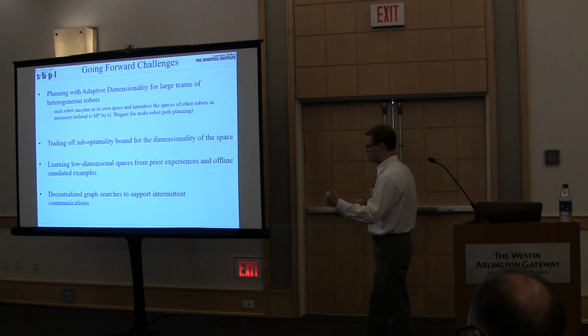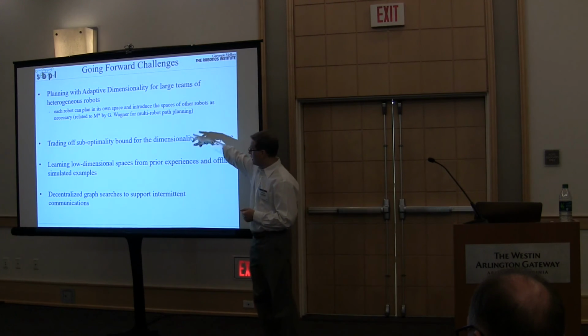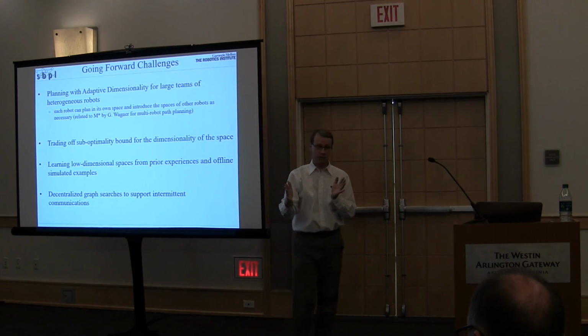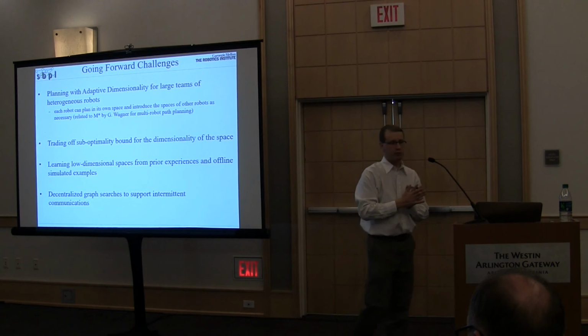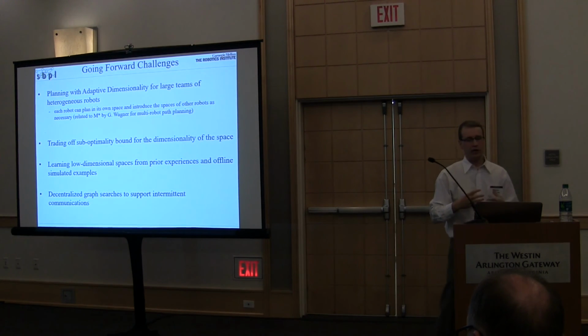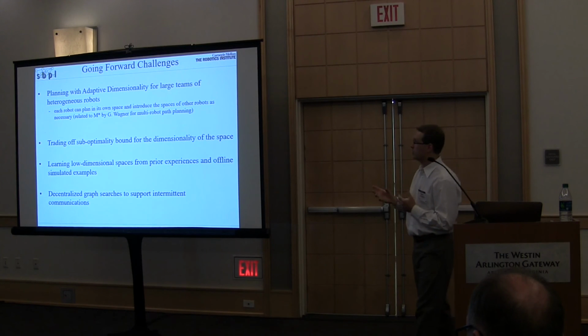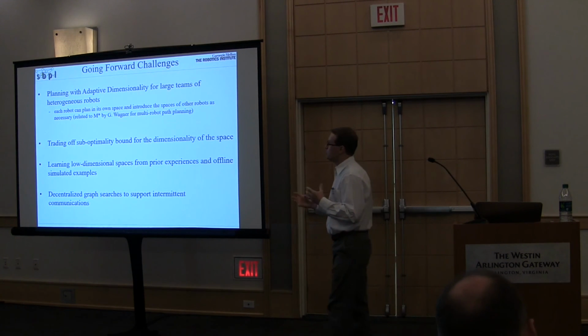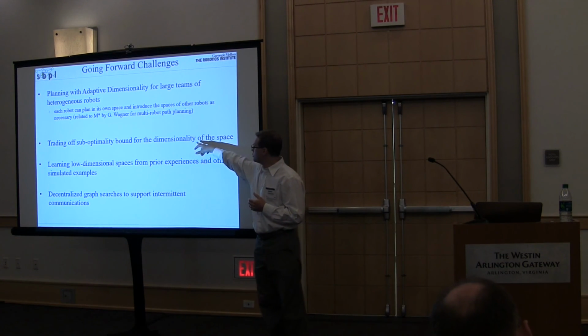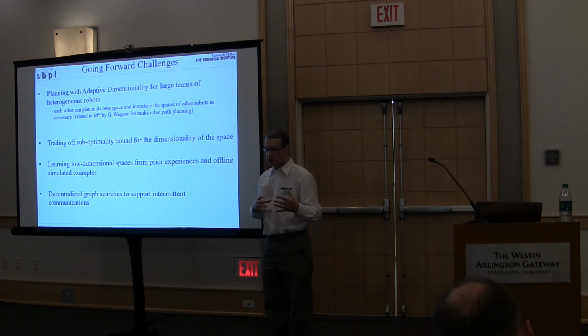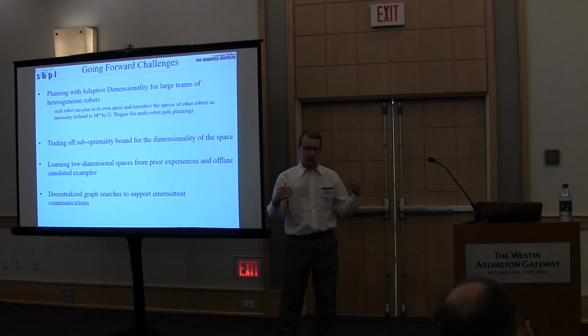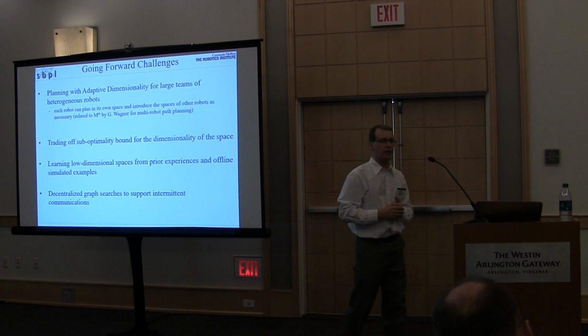The other direction is to think, rather than going for an optimal solution, also about suboptimal solutions in the context of planning dimensionality. How do you think about when to introduce the additional dimension or not, if there is a lot of freedom in terms of the suboptimality that you can afford?